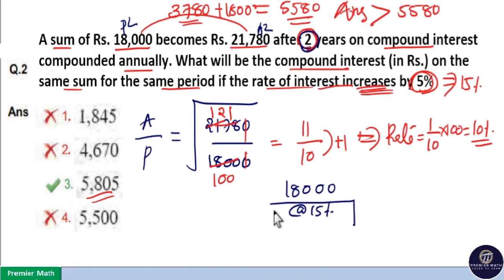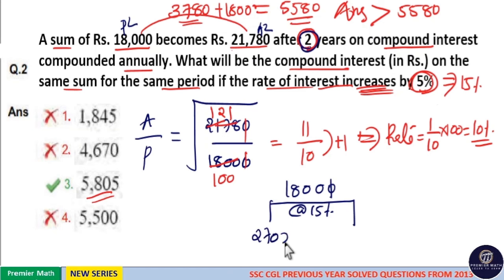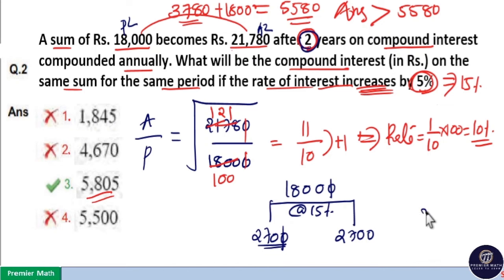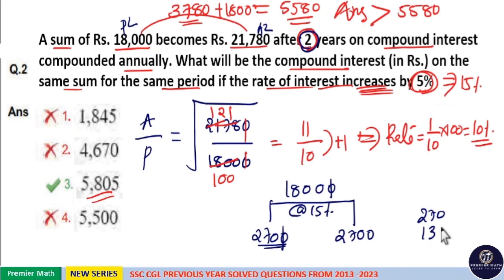So for the first year at 15% per annum means 10% is 1800, 5% is 1800 by 2, that is 900. So 1800 plus 900 is 2700. So in the second year also 2700 generated, and second year also 15% of 2700, that is interest on interest is added. 10% is 270, 5% is half of 270, that is 135.